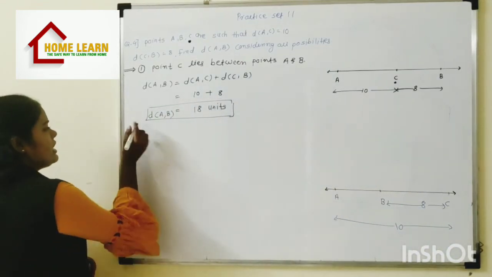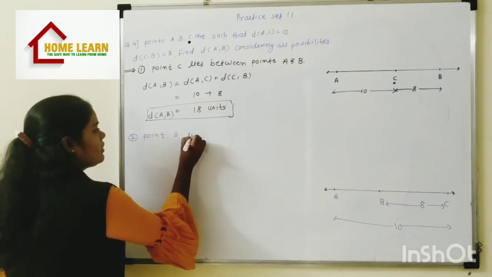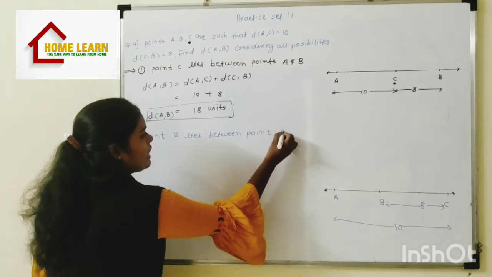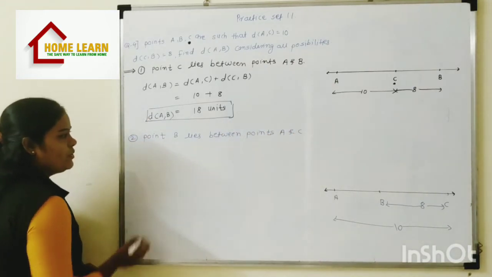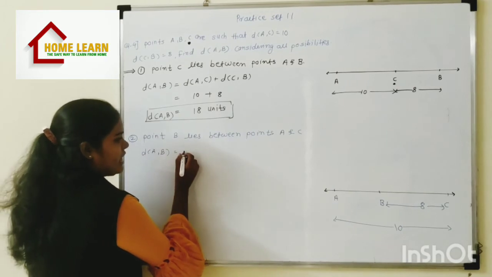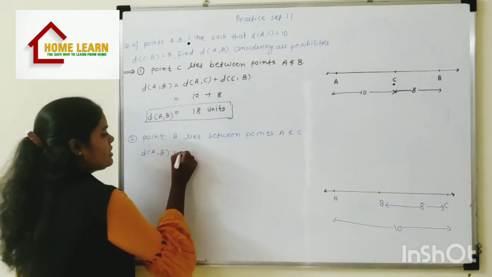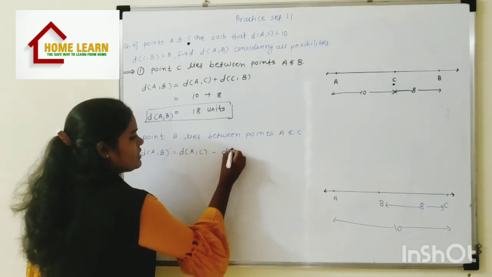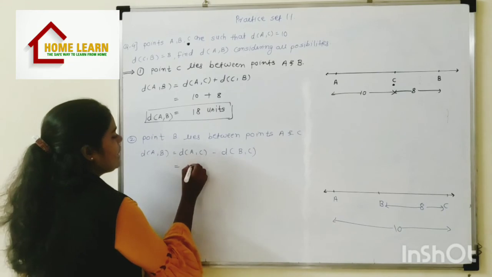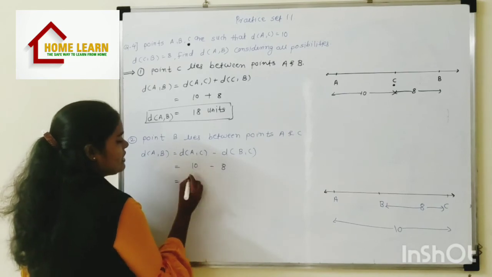So right here, the second possibility is that point B lies between points A and C. The distance between A and B is the distance of AC minus the distance of BC. The distance between points A and C is 10 units, whereas the distance between points B and C is 8 units, and the answer is 10 minus 8, which is 2 units.